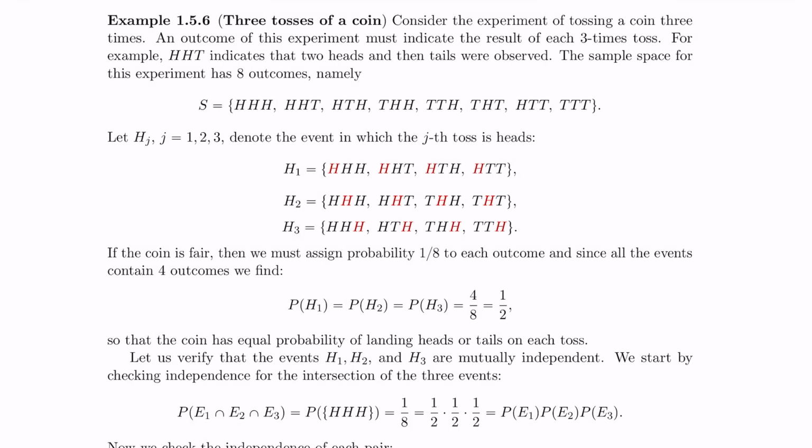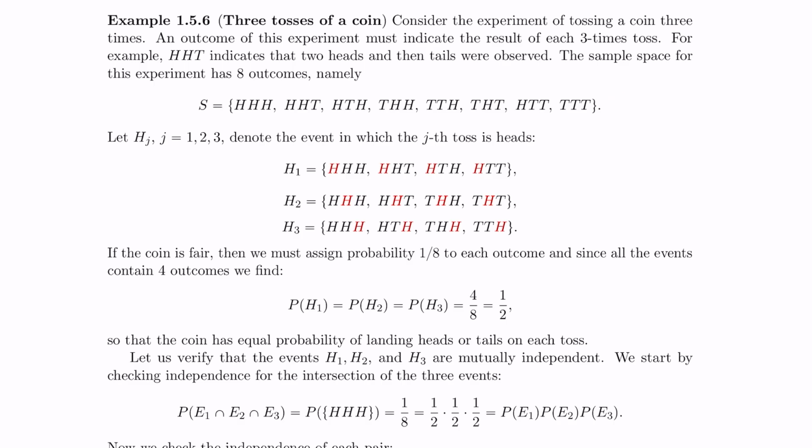As an example of statistical independence, we consider the experiment of tossing a coin 3 times. An outcome of this experiment is, for example, HHT, which indicates that we had 2 heads and then tails. You can check that the whole sample space for this experiment is given by this set here.